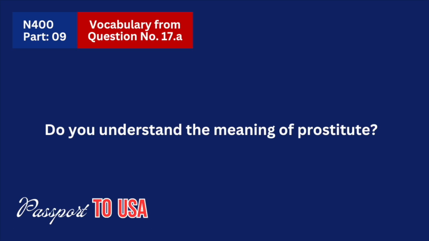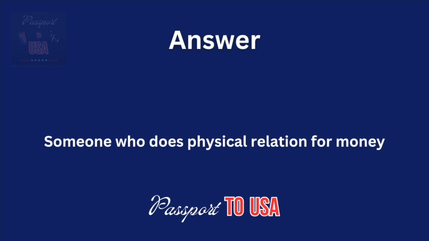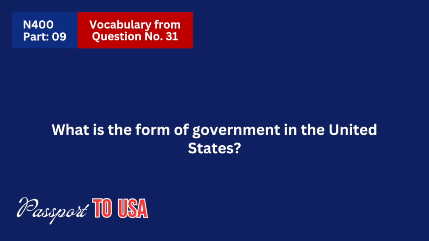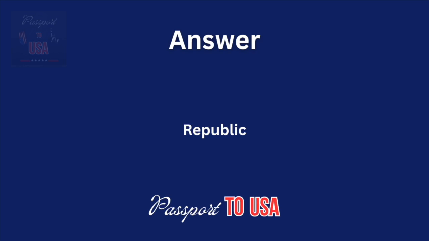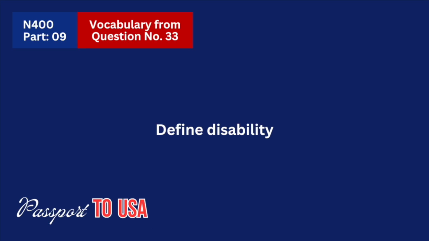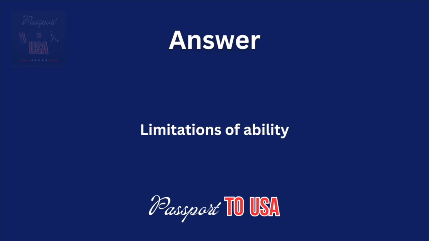Do you understand the meaning of prostitute? Someone who does physical relation for money. What is the form of government in the United States? Republic. Define disability. Limitations of ability.